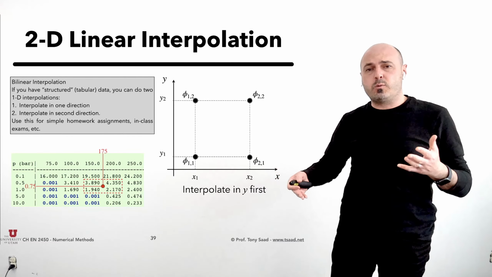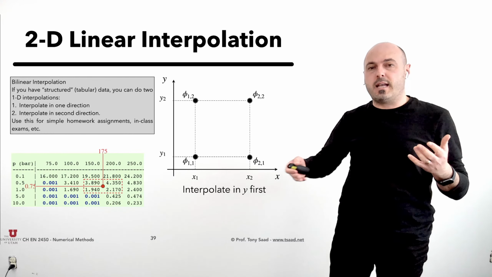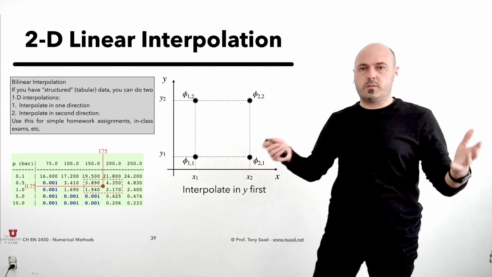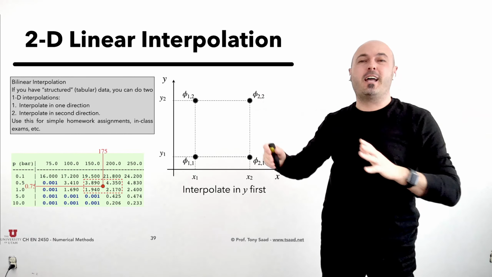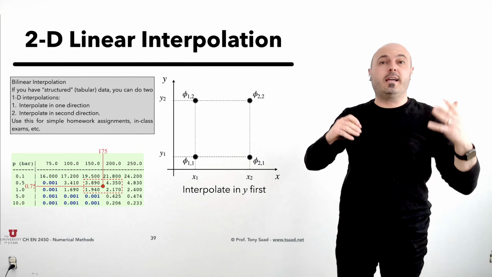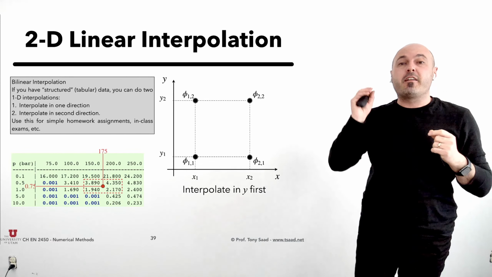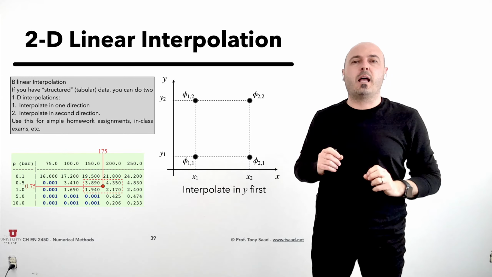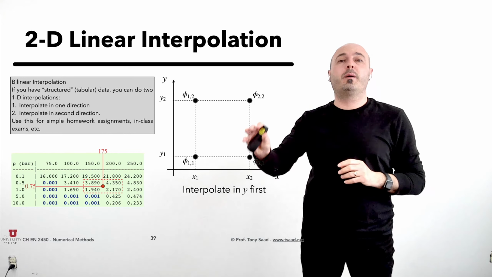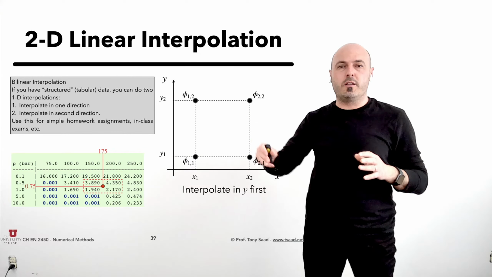In this case, I'm going to call my independent variables X and Y, for simplicity. I know previously we were doing Y equal function of X. Now we have X and Y as independent input data, and phi is our dependent variable. So for this example, phi is the specific volume, and it's a function of temperature and pressure, which are our X and Y values.